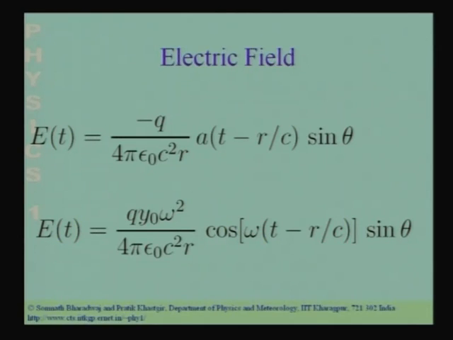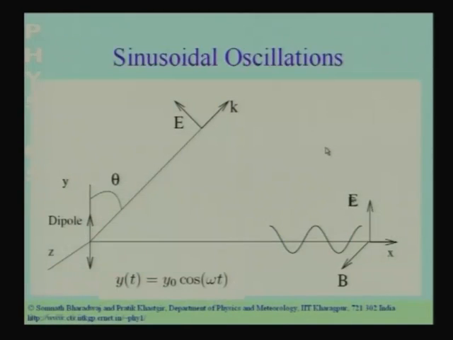The electric field at a time t, a distance r away, is minus q by 4 pi epsilon naught c square r into the acceleration at the retarded time t minus r by c into sine theta, where theta is the angle between the point where I wish to calculate the electric field and the direction of the dipole. So, in this case it is the angle with respect to the y axis.